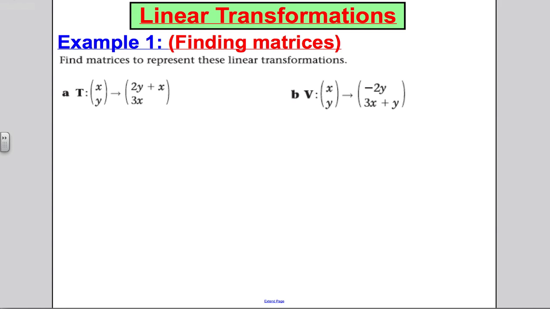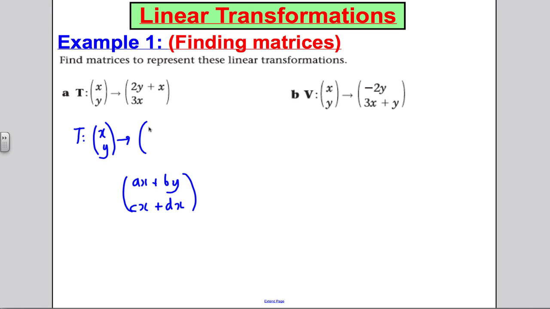Here is an example here. It tells you take a linear transformation and you put in x, y, and you get this out. It asks you for the matrix that represents that. Well, you put in x, y, and you get back, let's put it in the form ax plus by and cx plus dy, okay, first of all.